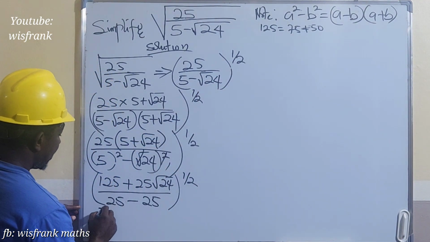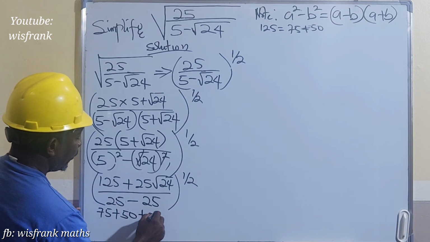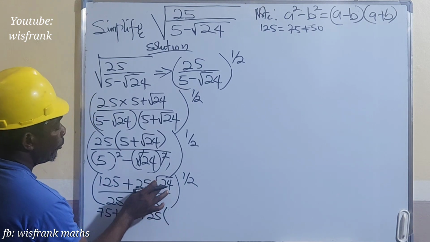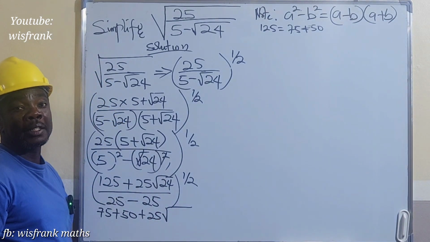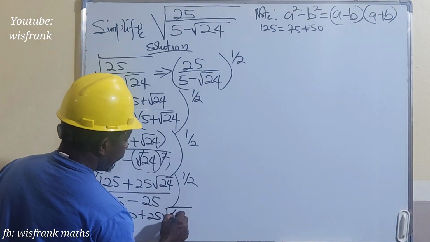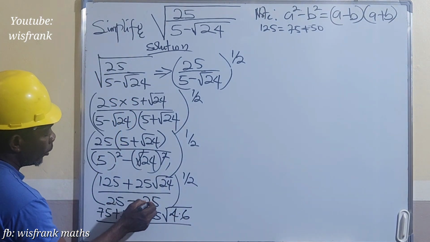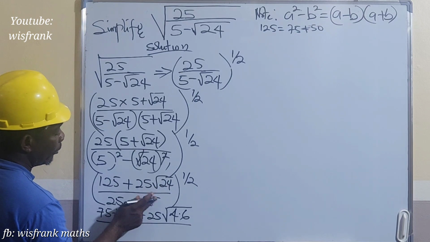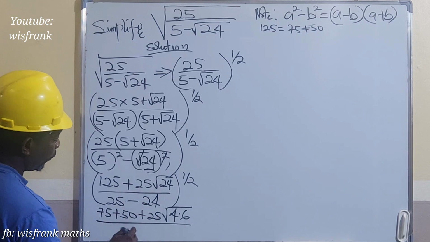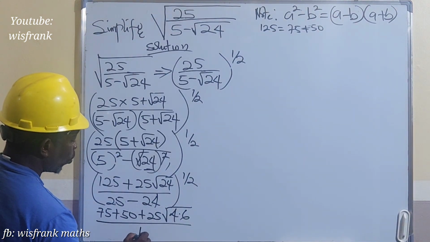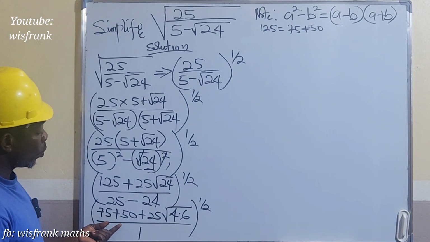So this will become 75 plus 50 plus 25 into the square root of 24, which is the same thing as 4 times 6, all over 25 minus 24. Okay, here it was 24, not 25, so we have 24 here. 25 minus 24 will give us 1, all to the power of 1 all over 2. So this is what we have.